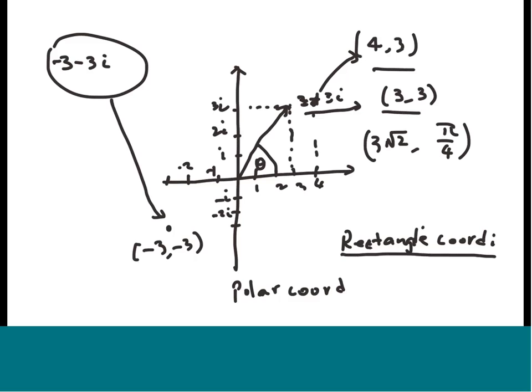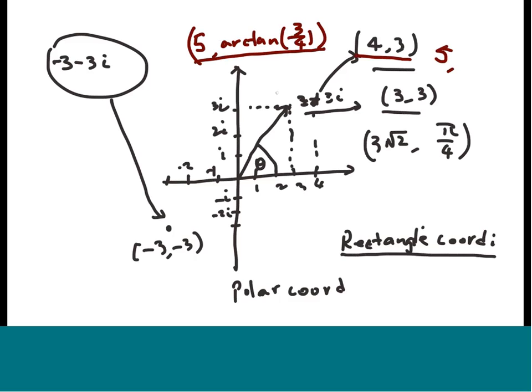That point (4, 3) is going to have the polar coordinate 5, arctan 3 over 4. Let me write it here. Okay, so that's the polar coordinate.